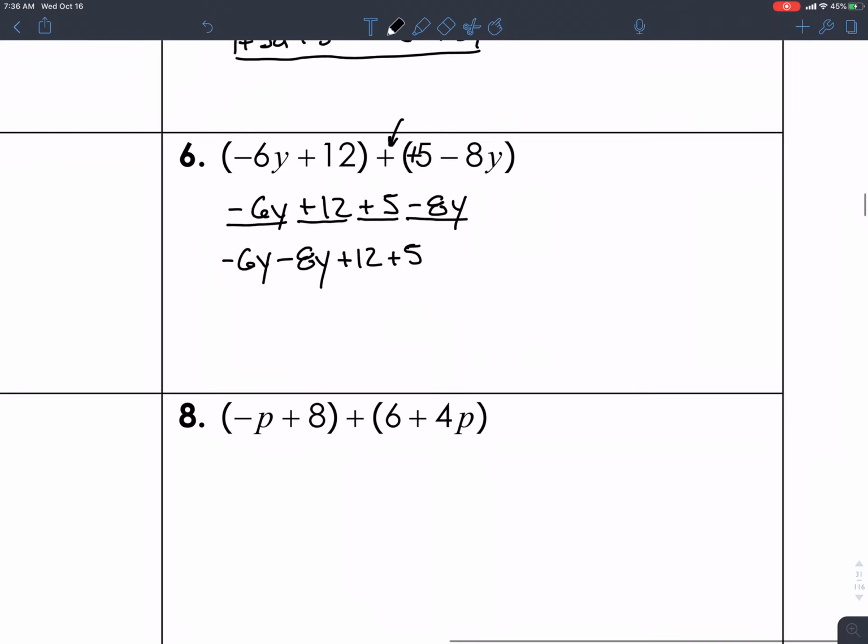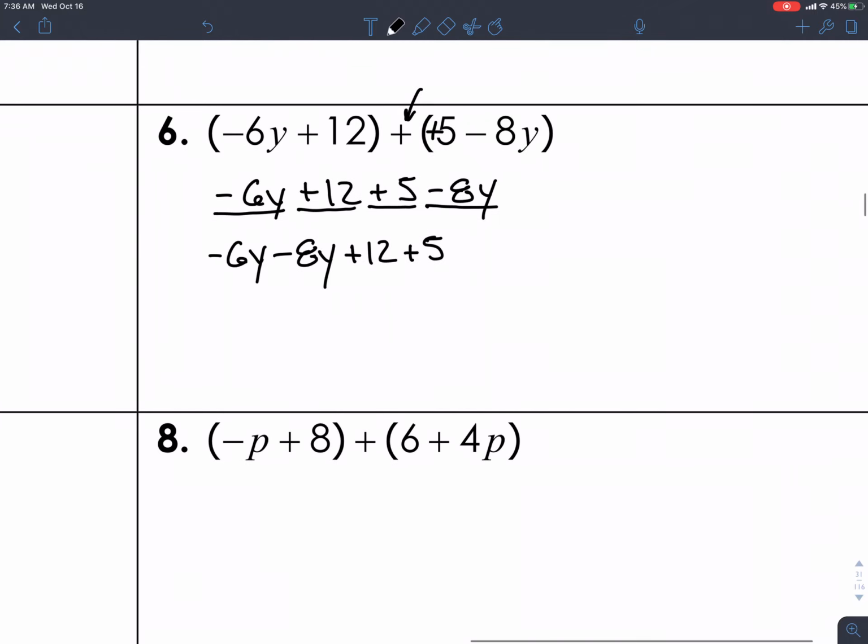A negative 6 and a negative 8. They have the same sign, so using our integer rules, if the signs are the same, add and keep the sign. So 8 and 6 is 14, and I keep the negative, so that's negative 14y. Again, integer rules, if the signs are the same, positive 12 and positive 5, add and keep the sign. 12 and 5 is 17, and it's a positive 17.